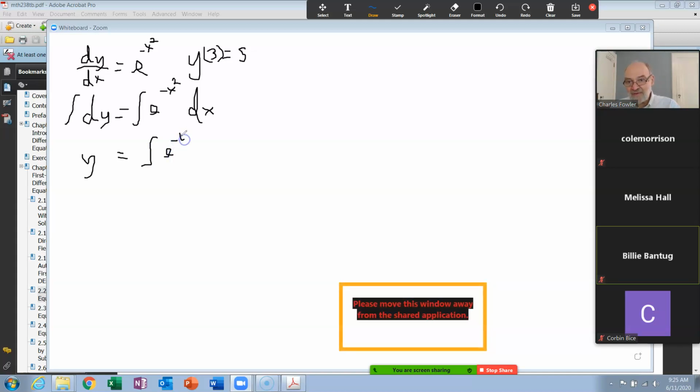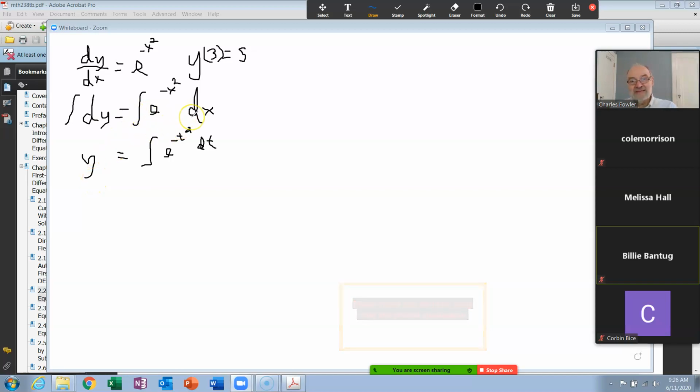In some senses, this seems like a really silly thing to do. Why change it? This may not be a satisfactory answer, but it is one. This y is a function of x. This integral that you can't integrate, you need to get it expressed in terms of x.